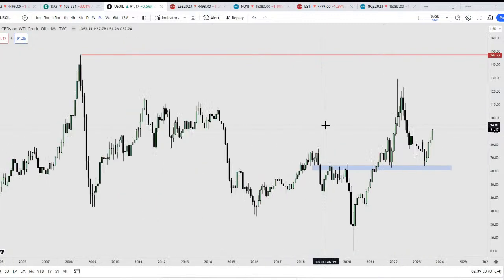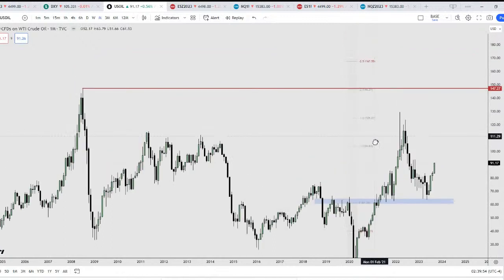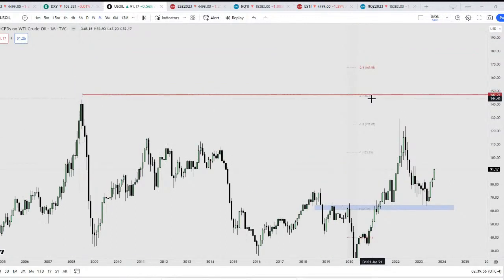The last remaining liquidity for oil is this high here and this high here. If you use the fibs, let's just use the opening, the bodies of the candle, the last impulse, and then up here we have 1.5, and up to this high here it's 2 and 2.5.